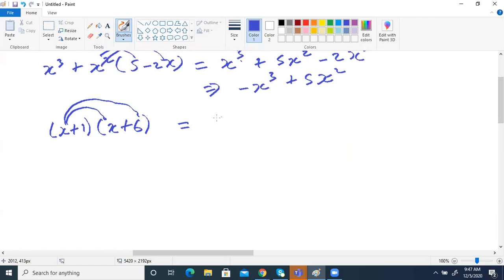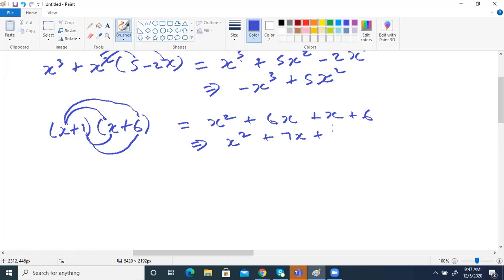So x times x is x squared, x times 6 is 6x. And then now we'll distribute the 1. 1 times x, and 1 times 6, I will get x plus 6. And then we'll simplify. So it becomes x squared, 7x plus 6. So we did that, right?